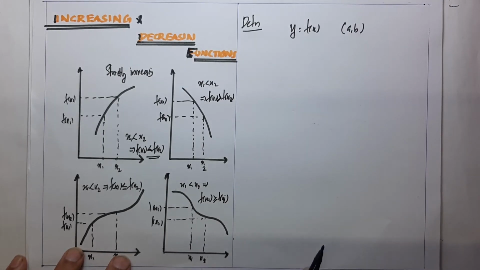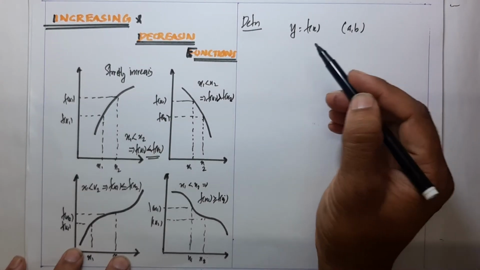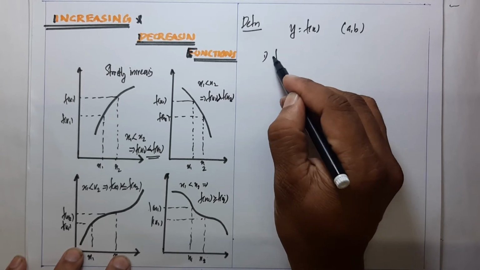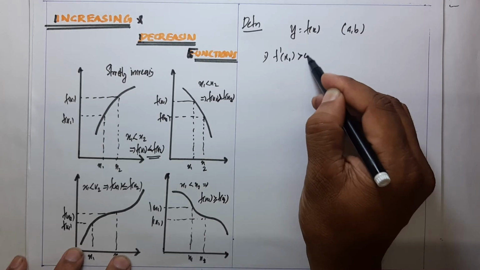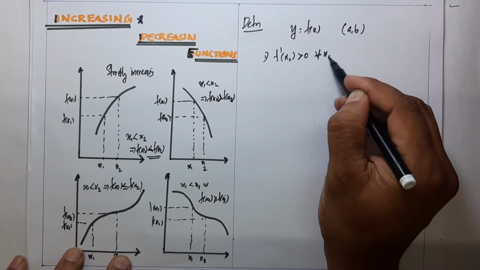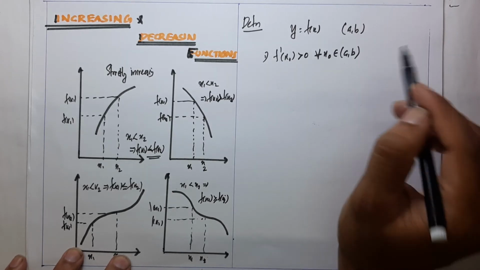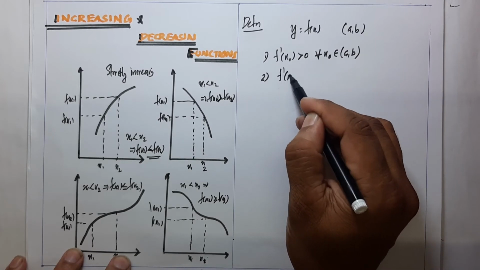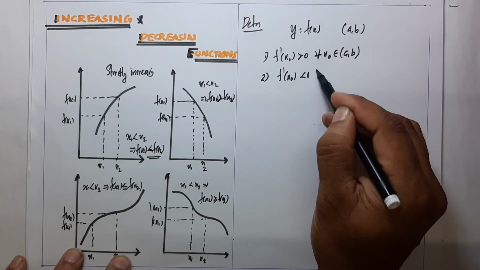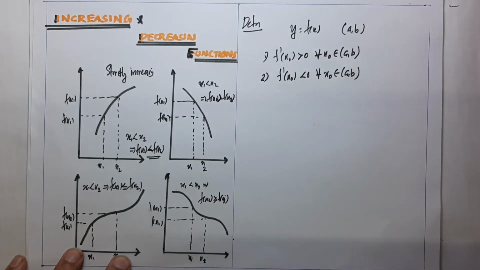If f is strictly increasing, then the condition is f dash x0 greater than 0 for all x0 element of the open interval ab. And if f is strictly decreasing, then f dash x0 less than 0 for all x0 element of the open interval ab.